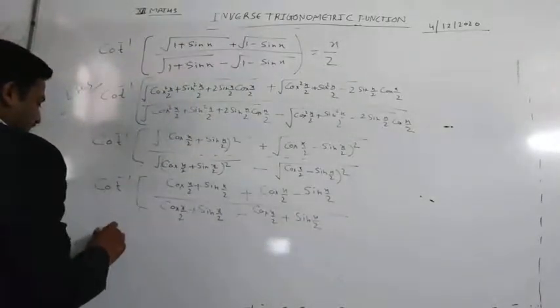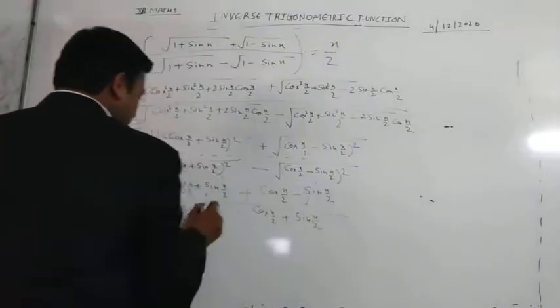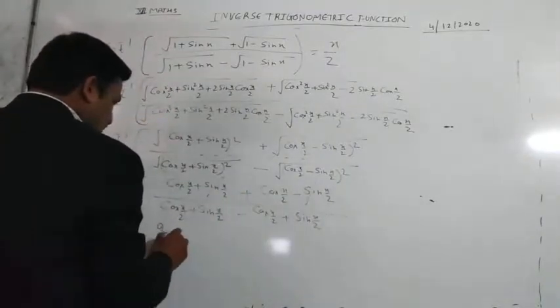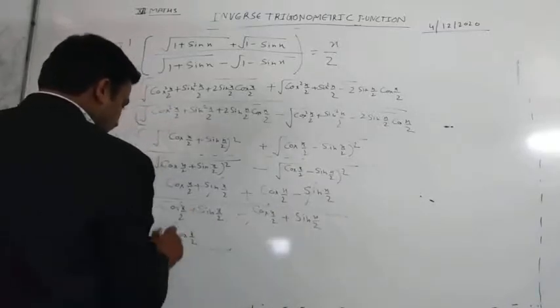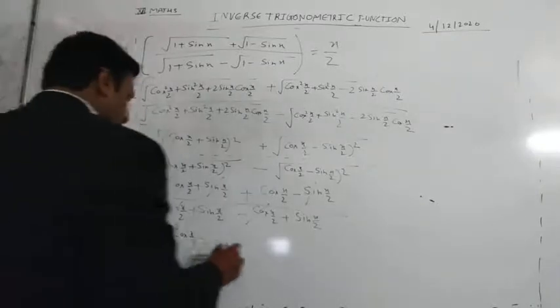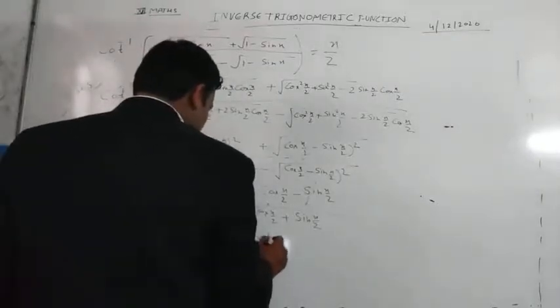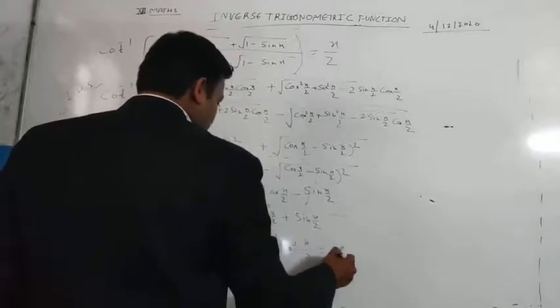Now these terms will be cancelled and we get 2 cos x by 2 in the numerator and 2 sin x by 2 in the denominator.